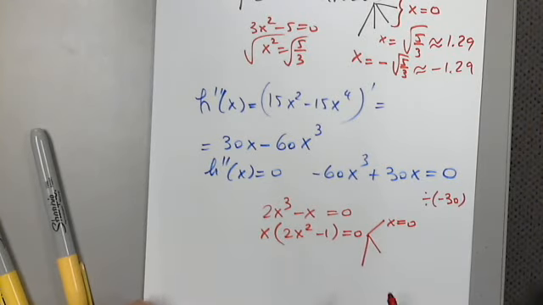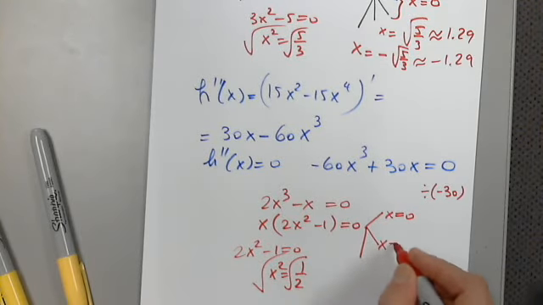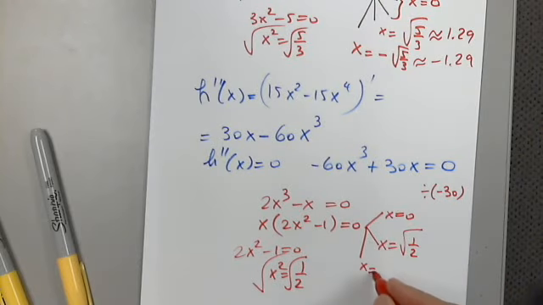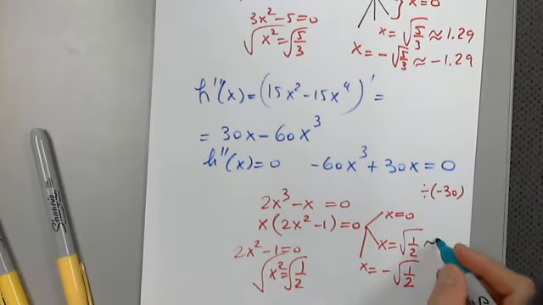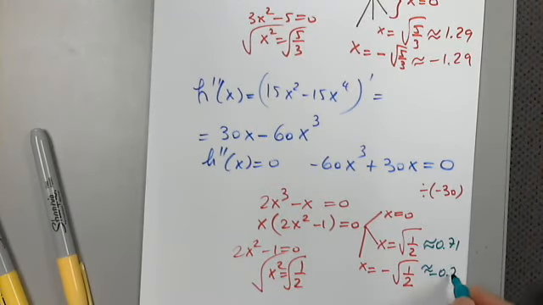X equals 0. When we solve 2x squared minus 1 equals 0, we get x squared equals 1/2. We take the square root, and we get x equals the square root of 1/2, and x equals negative the square root of 1/2. This is approximately, my table is getting very crowded, the square root of 0.5, 0.71, negative 0.71.